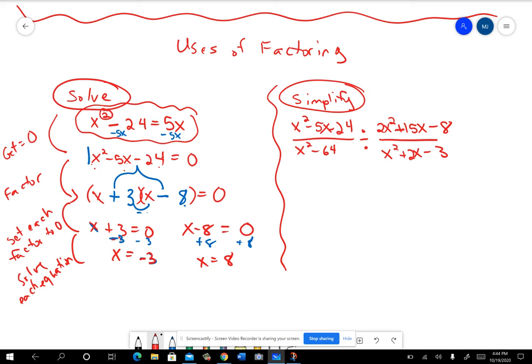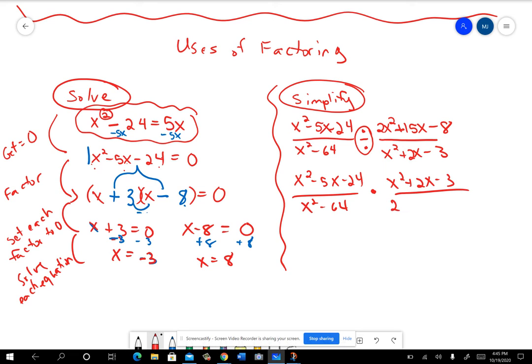And if you're just simplifying one fraction, or if you're multiplying or dividing fractions, what it really boils down to is factoring to cancel out common factors. So if you have a division problem, the first thing you're going to do is you're going to keep, change, and flip.